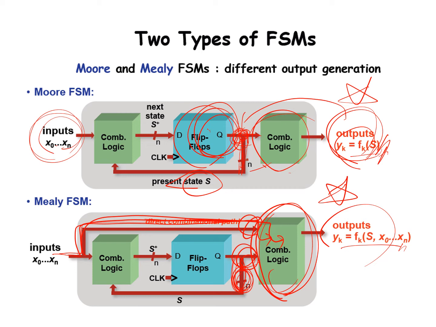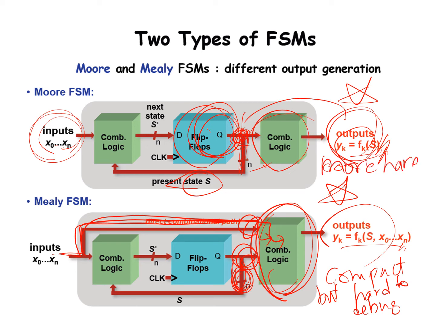Typically, the Mealy machine is more compact, but it's hard to debug. The Moore machine is easier to understand, but more complex, with more hardware resources, but easy to understand, right?